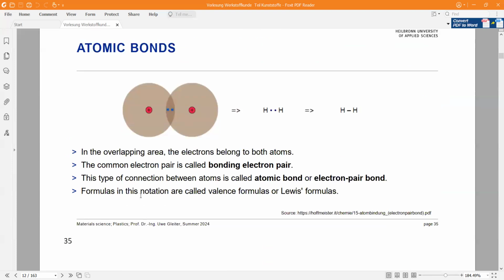So, atomic bonds. In the overlapping areas, electrons belong to both atoms. The common electron pair is called a bonding electron pair. This type of connection between atoms is called an atomic bond or electron pair bond. Formulas in these notations are called valence formulas or Lewis formulas.